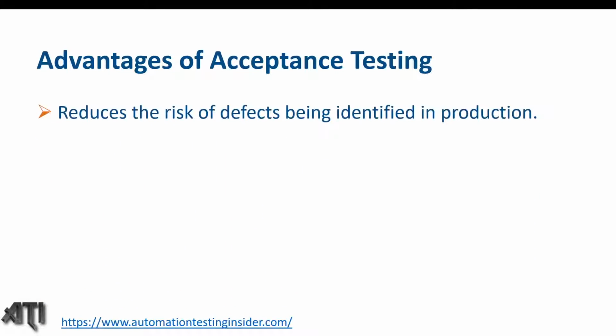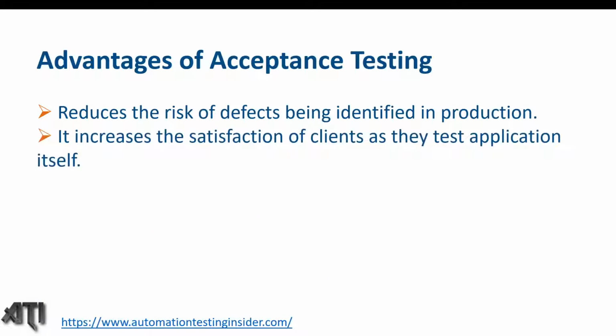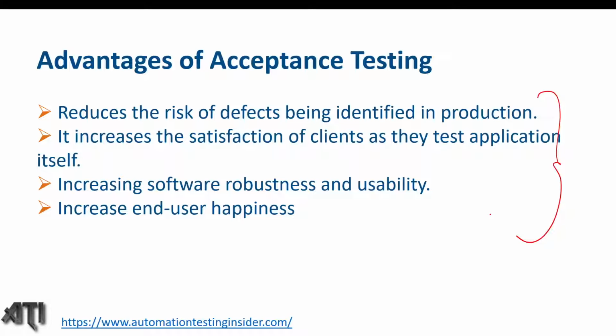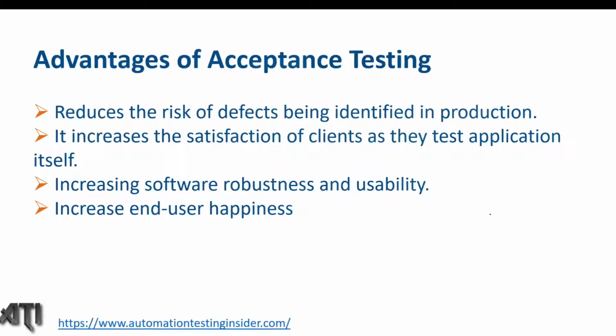Advantages of acceptance testing: it reduces the risk of defects being identified in production. It increases the satisfaction of clients as they test the application themselves, increasing software robustness and usability, and increasing end user happiness. So these are the different advantages of doing acceptance testing, guys.